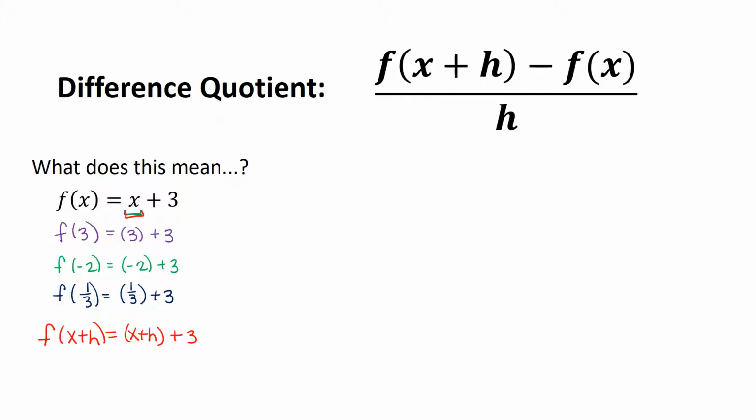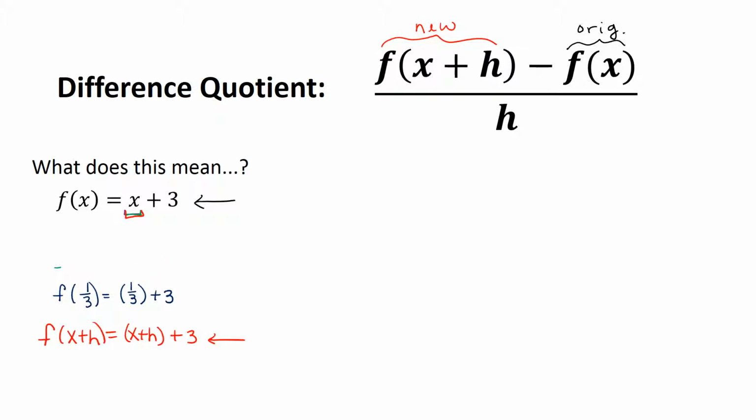And so, when the problem says f of x plus h, this is your new function, whatever your new one is. And the f of x is your original, meaning it's the original function that was given to you. Everything else is not necessary.